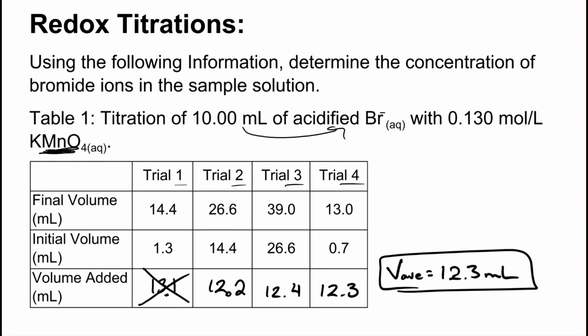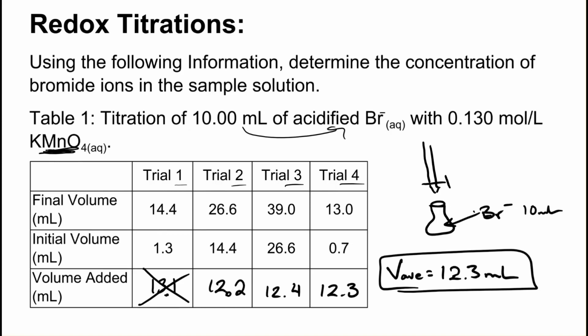Perfect. So let's talk about what's actually going on here. You've got a burette, and you've got a solution in your Erlenmeyer flask. In here is your bromide ions. It's the titration of your sample. So we get 10 milliliters of bromide ions, but we don't know what the concentration is.